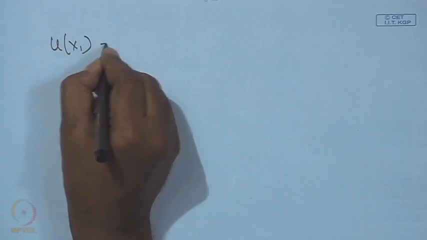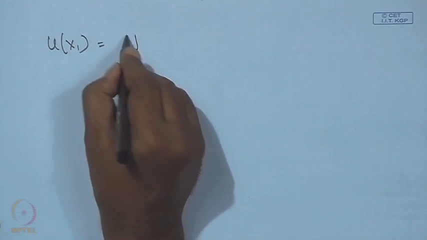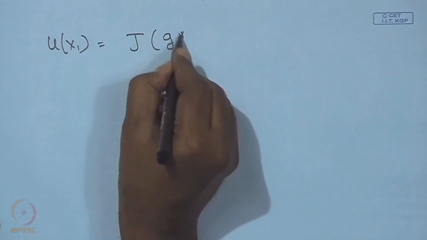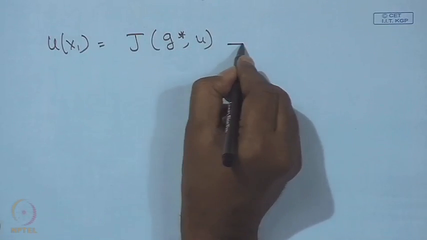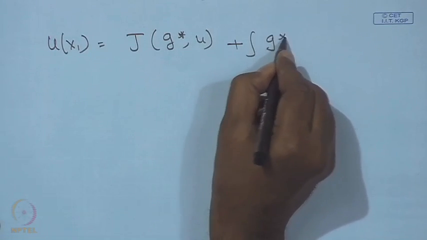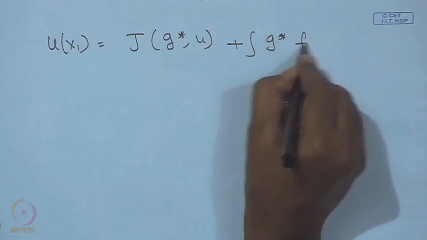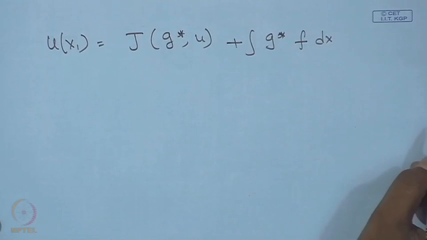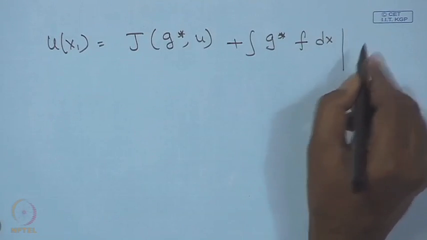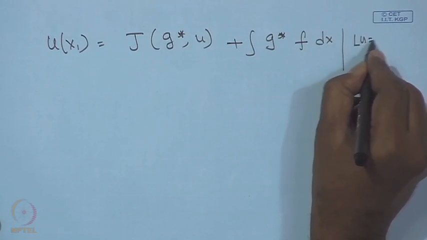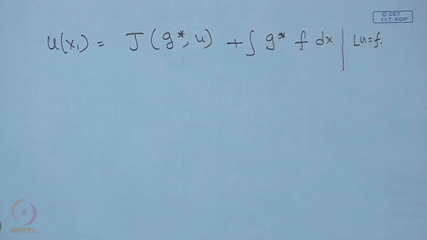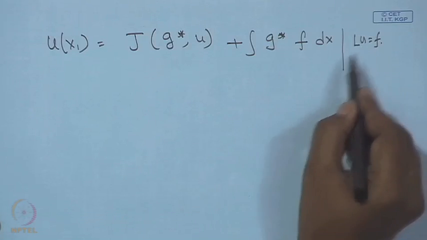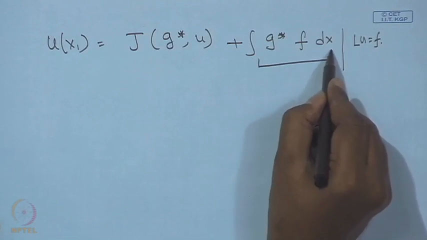Let us explain it more clearly: u of x1 is equal to the bilinear concomitant J of G star and u plus the integral of G star f dx, and let us look into the original problem. Remember, the original problem was L u is equal to f.